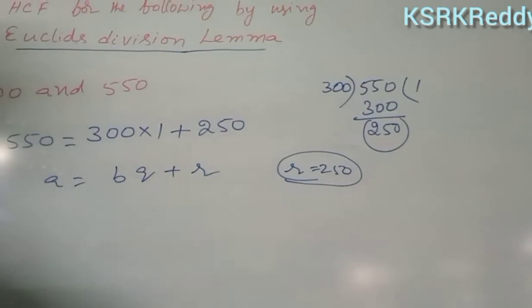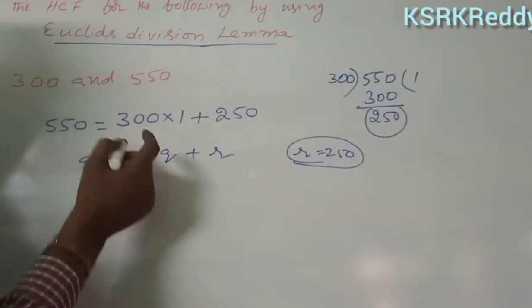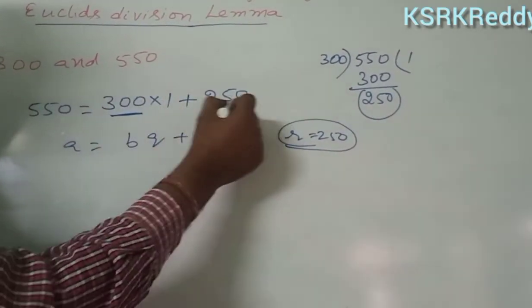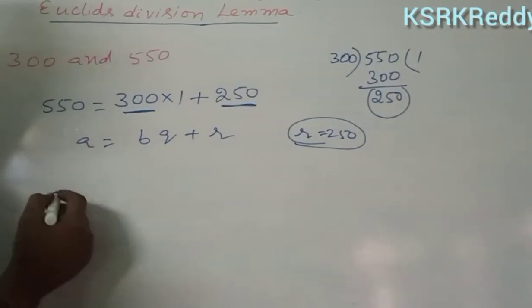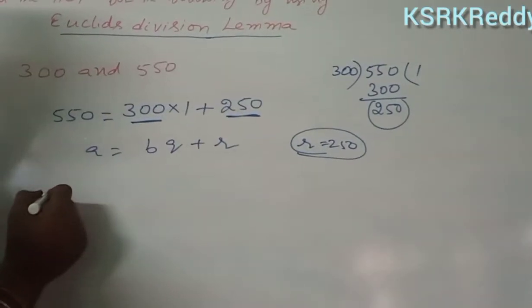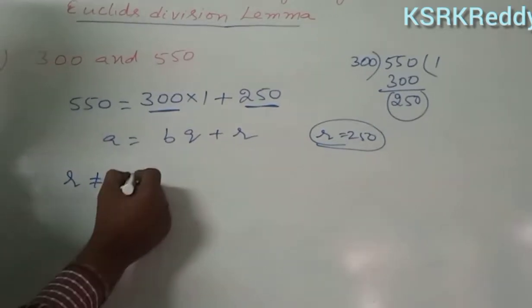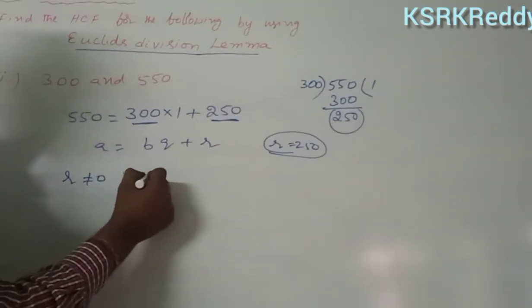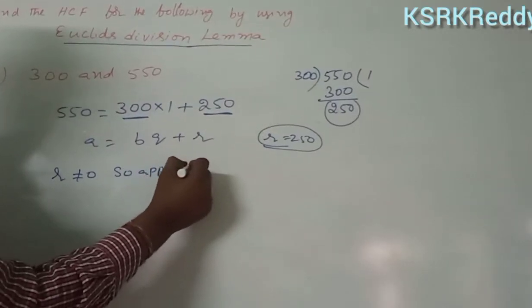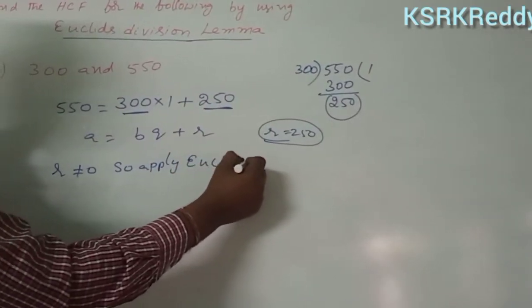Once again apply Euclid division lemma. What numbers? 300 and 250. Here R is not equal to 0, so apply Euclid's division.